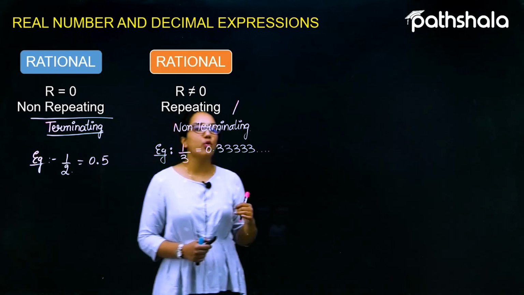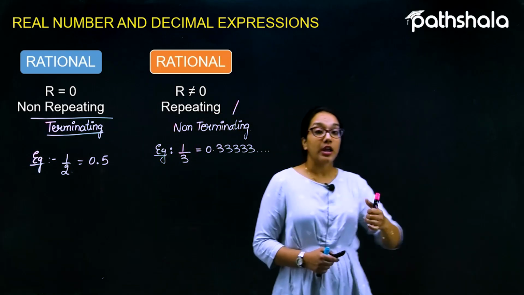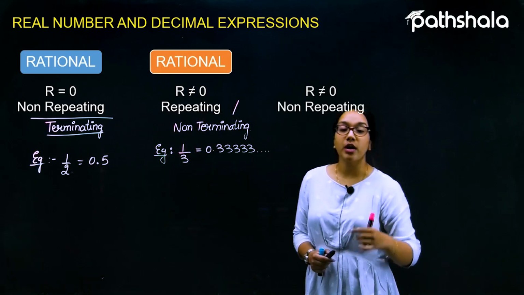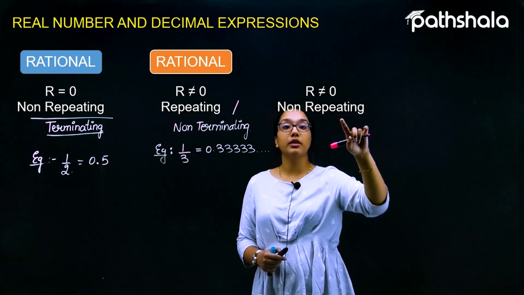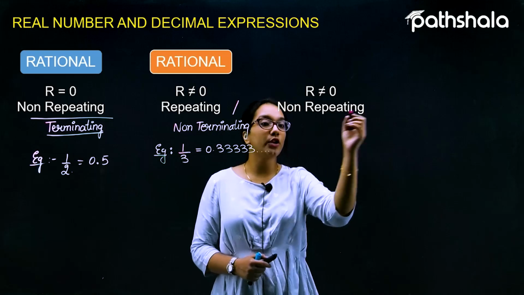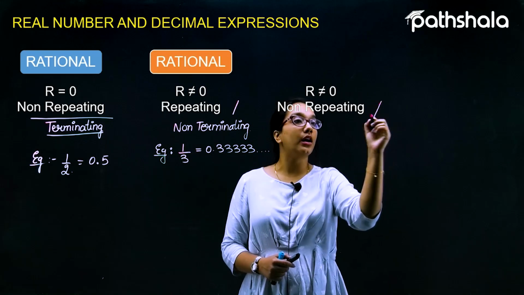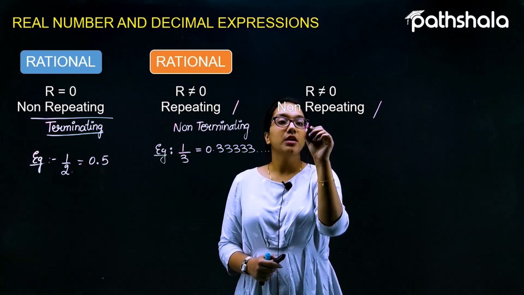So let's move on towards the third decimal expression, in which we have talked about a number in which the remainder can never be 0 and it is non-repeating. So I'm talking about a non-repeating and non-terminating number.